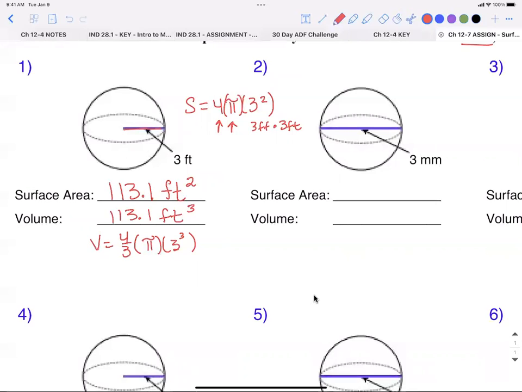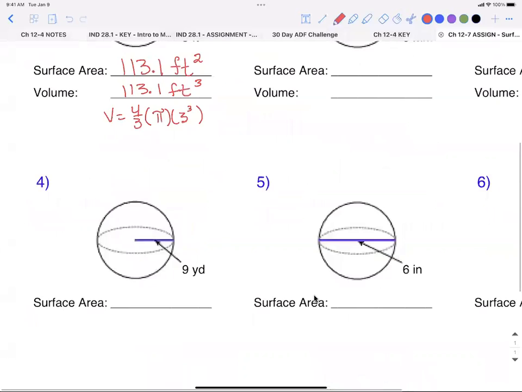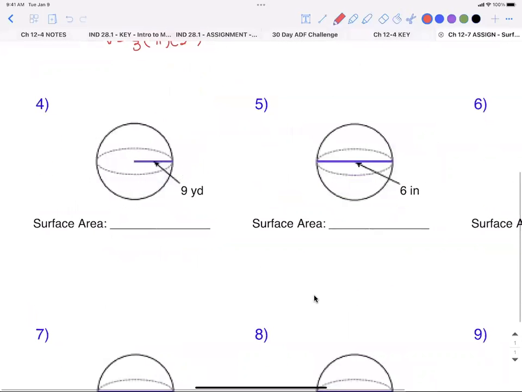Did you get it, Jackson? You got the right one this time? Okay. All right. So for the next one, we're going to jump down to number 4. For number 4, you're just going to be finding surface area. This one doesn't have you finding volume as well.